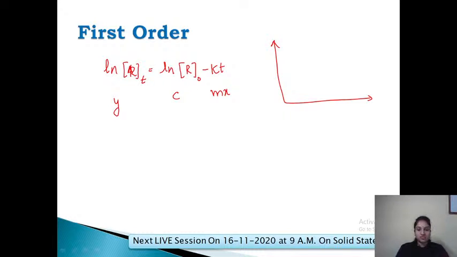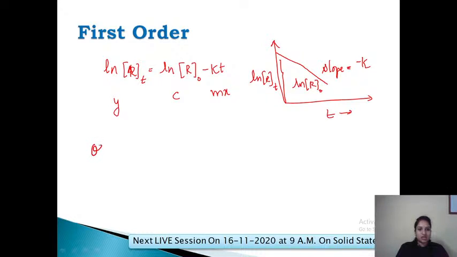Again on the y-axis, what do we have? ln concentration of R t. On the x-axis we have time t. And the slope, again we have a negative slope, minus k. So slope is equal to minus k. And here your intercept is ln R naught.